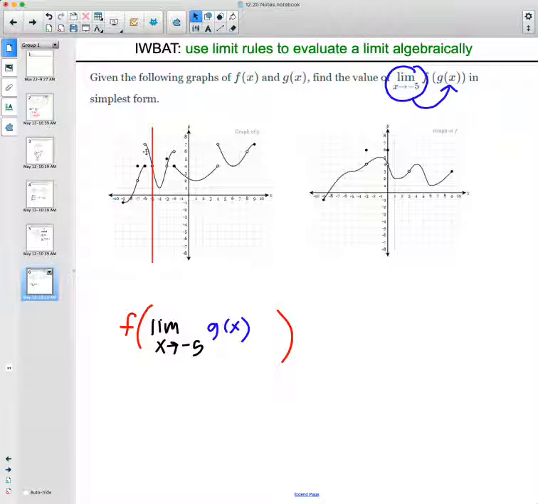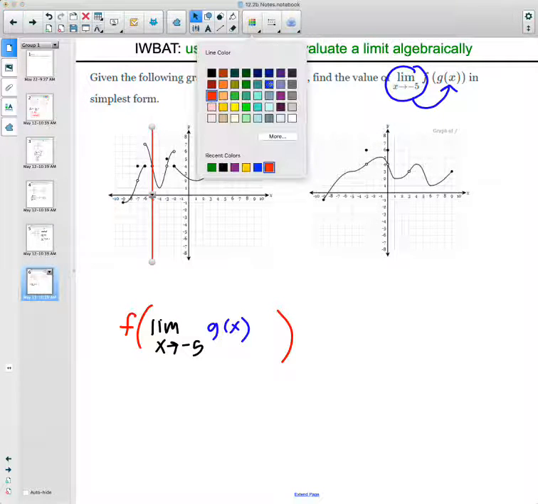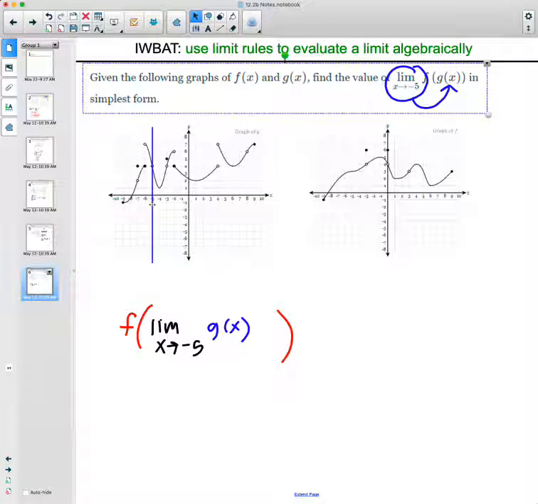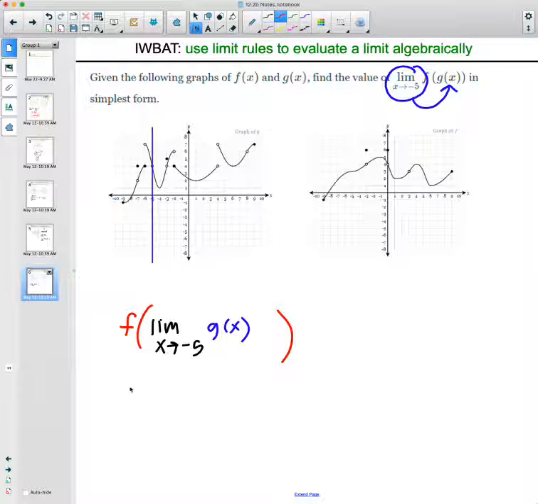So we're going to do as x approaches -5 here, which the limit is 4 on either side of that. The height is 4. So we have this f function and then this whole inner part, the limit as x approaches -5 of g of x was 4.